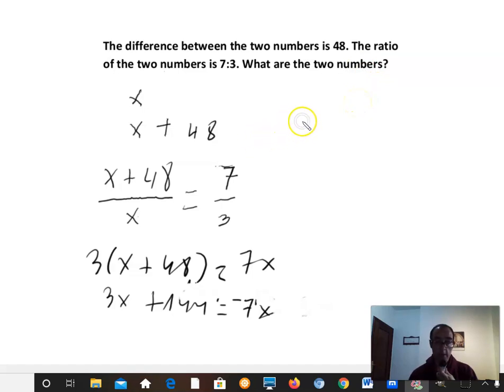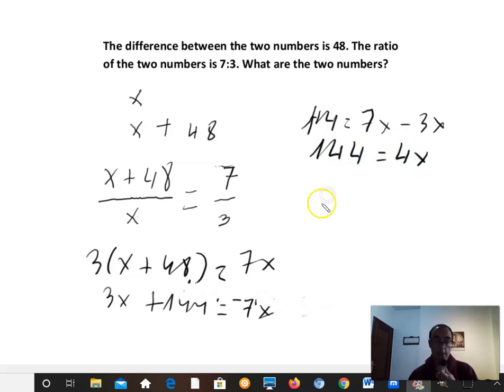If you do this calculation, 144 equals 4 times x. You can divide 144 by 4 to solve for x, and the result is 36.